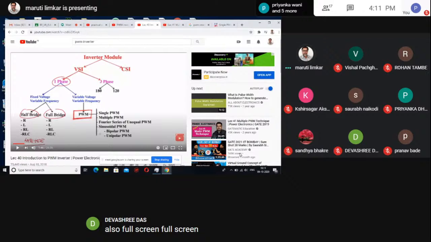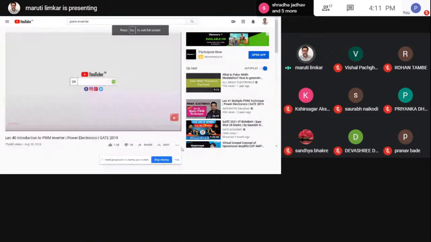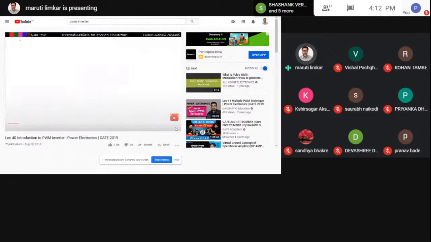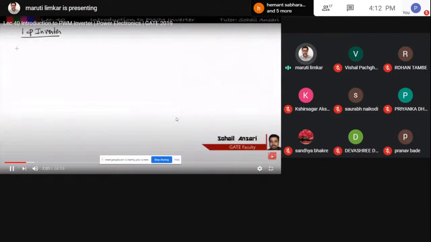Four lectures. Got it? So without wasting time, let us start the introduction to PWM. Up till now, what we saw in the single phase inverter, the output voltage I am getting in half bridge or full bridge has a waveform something like this.